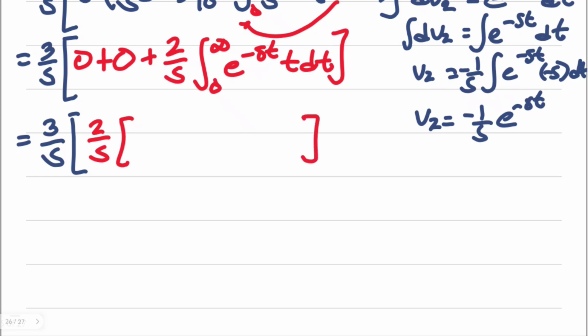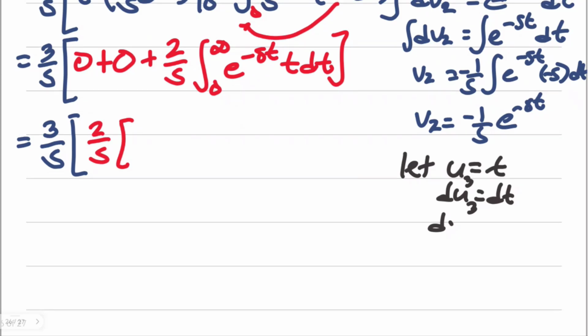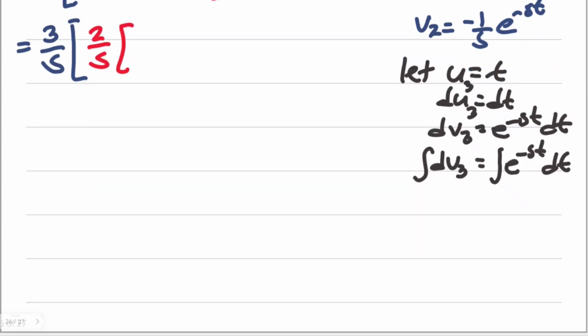So what we will be using here is again another integration by parts. So let our u be just equal to t. So du is dt. So that's sub 3, the third form. So we'll have here dv sub 3 is of course e to the power of negative st dt, and by integration by parts, integral of both sides, we need the s and a negative 1 over s here, e to the power of negative st and negative s dt.